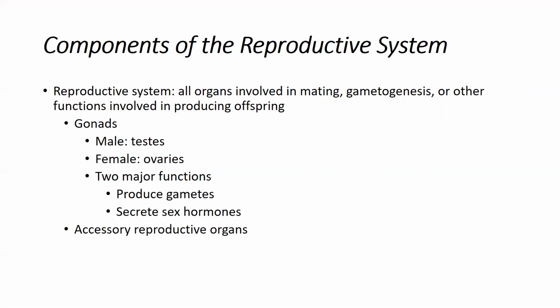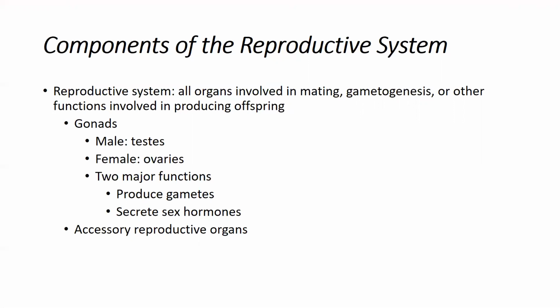Some of the structures we'll talk about are the gonads, which are the testes in males, and the ovaries in females. And 2 of the main functions of the testes and ovaries are to produce those gametes, those haploid daughter cells, which become either oocytes or spermatocytes. We'll talk about that process. Their second function is to secrete sex hormones. We'll talk about the different hormones, but these hormones make the gonads endocrine organs in this way.